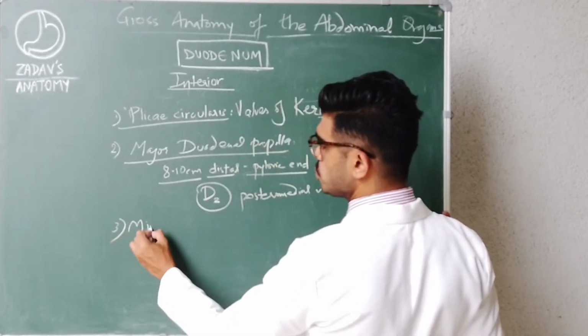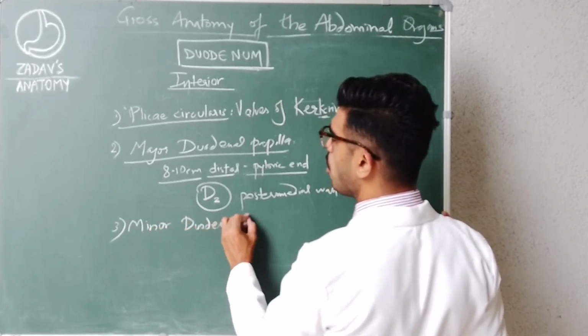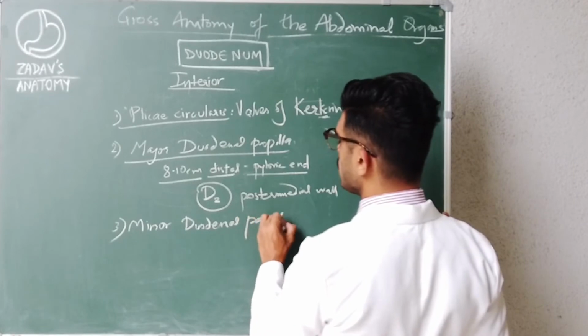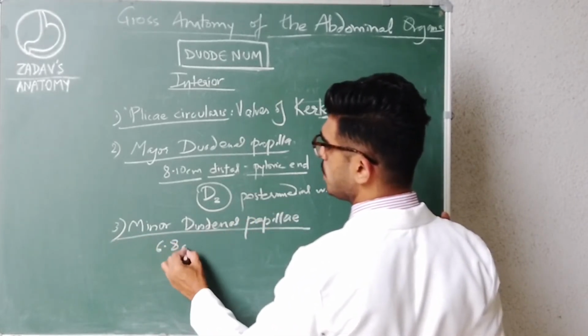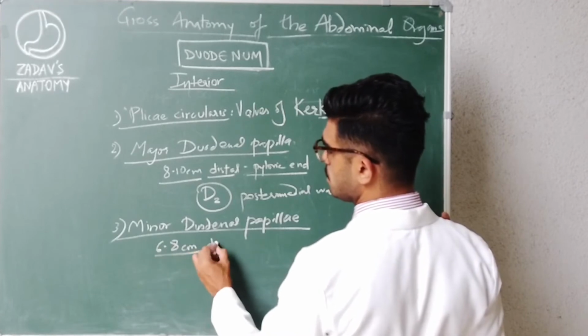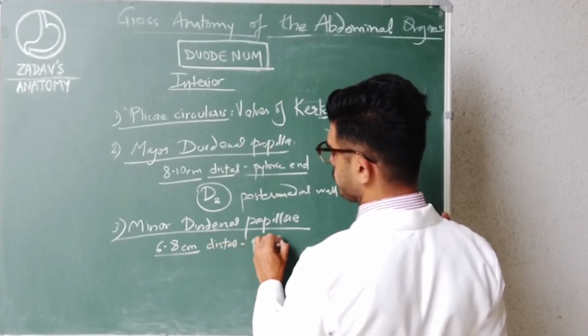Often you will also see what is known as the minor duodenal papilla. Now this might not always be present, but when present it lies about 6 to 8 centimeters distal to the pyloric end.